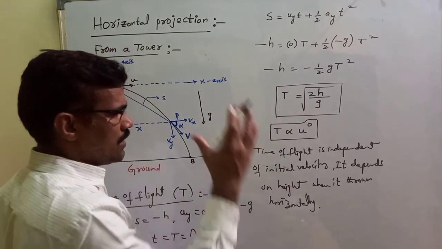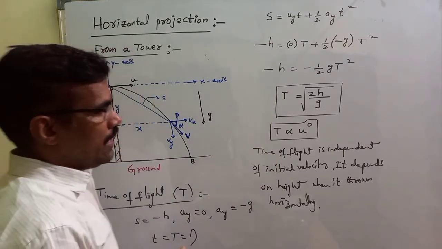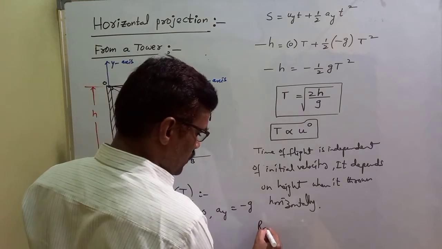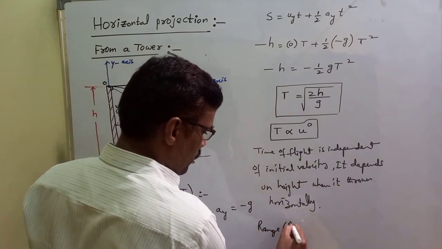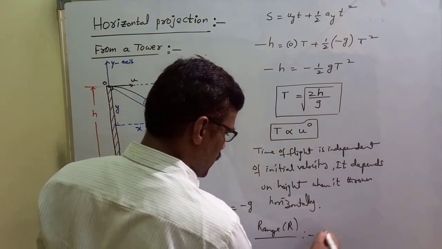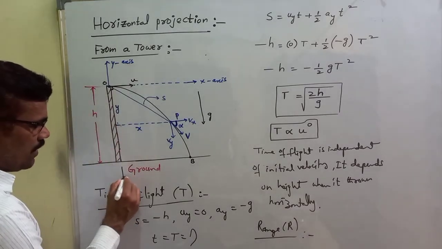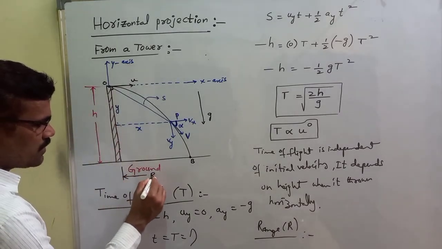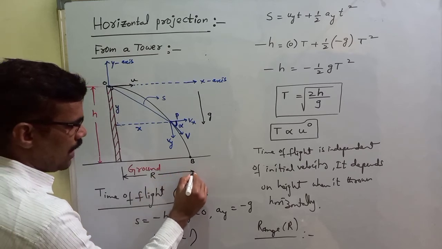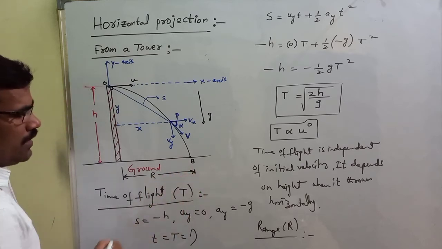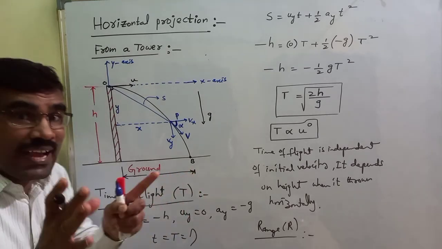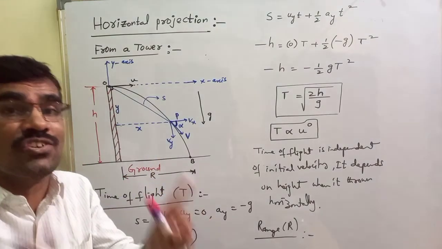So this is the time of flight. Then the range. We know the definition of range: the maximum horizontal distance traveled during its time of flight is known as range.